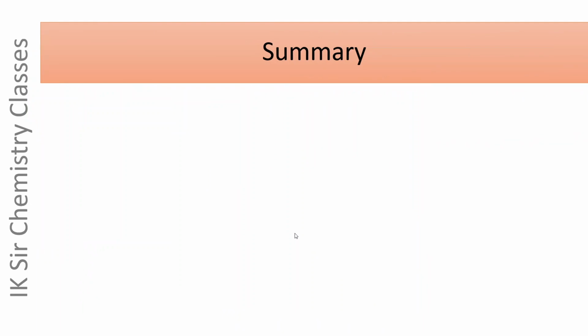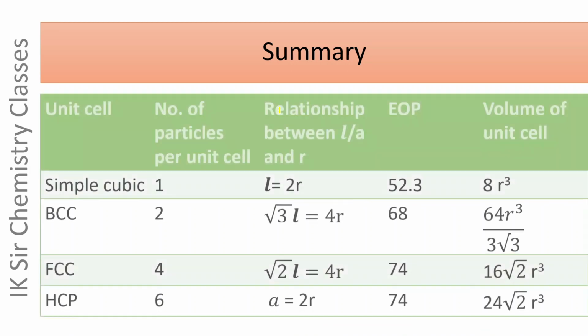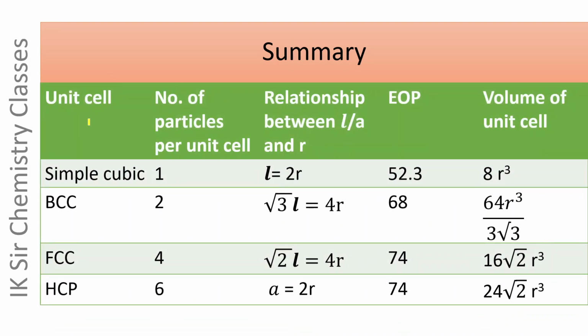And the summary, the outcomes of these discussions are given here. This is unit cell, number of particles per unit cell, relationship between L or A and radius, efficiency of packing, and volume of the unit cell. In simple cubic unit cell, there is one particle, L is equal to 2R, efficiency of packing is 52.3, and the volume of unit cell is equal to 8R cube.